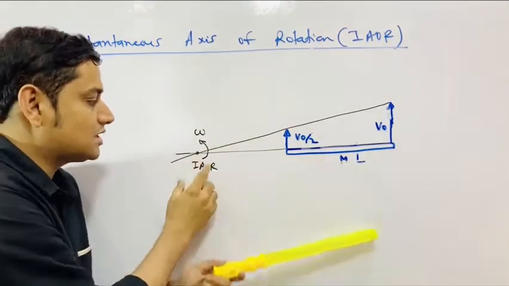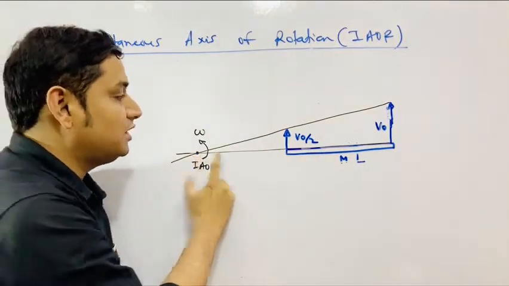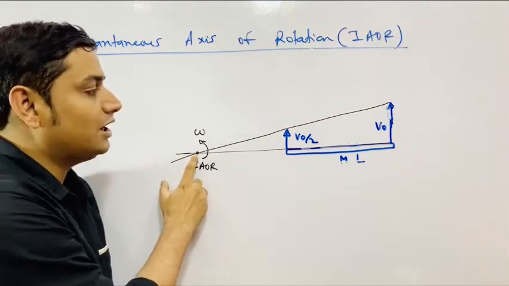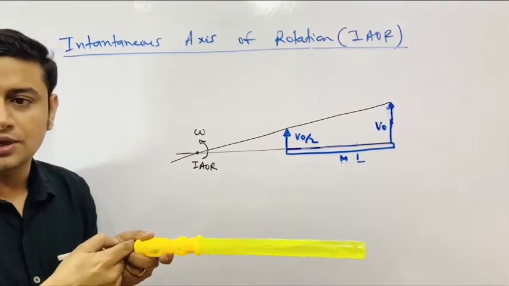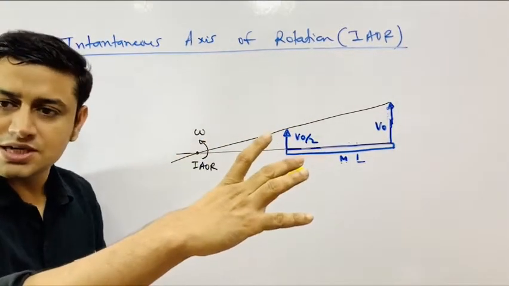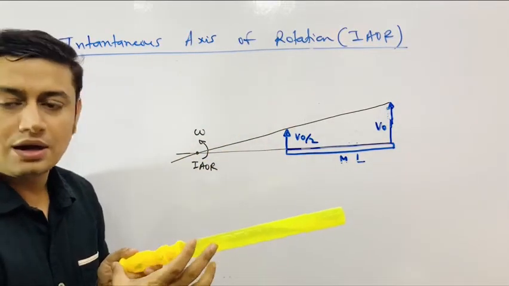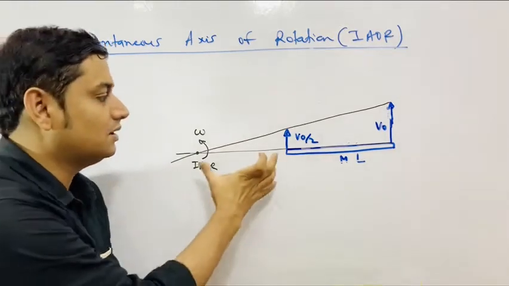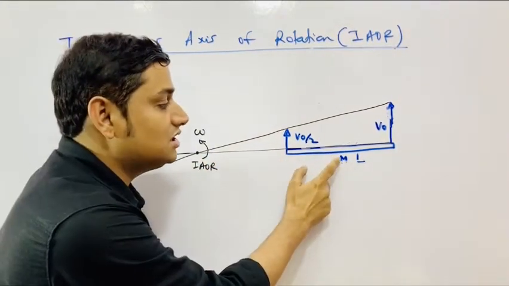If I put a complete rod from this IAOR to this end, and I rotate this rod, and later on, keeping this motion same, I cut this half, I make this half invisible. From here to here, I am taking the rod out without changing the motion of this.